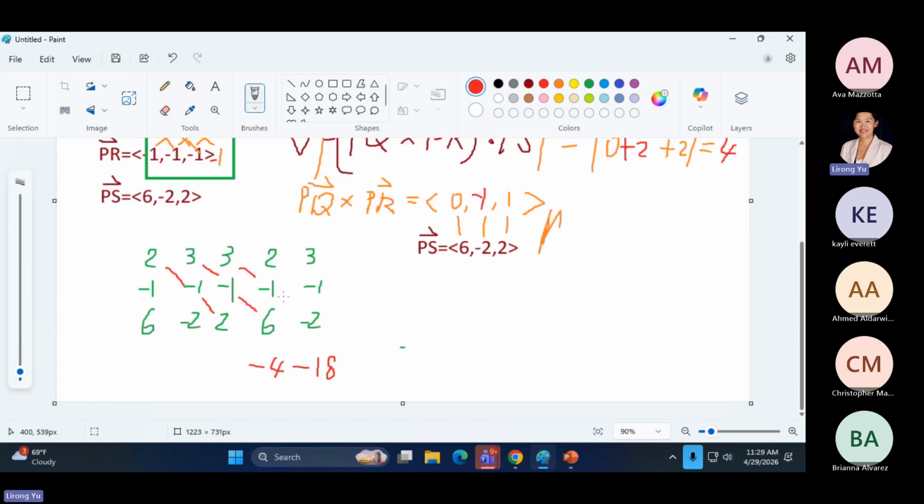And then 3 times -1 times -2 is +6. So that's the positive diagonal. And then we have the negative diagonal. This is 3 times -1 times 3, that's -18. These multiplied across would be positive.